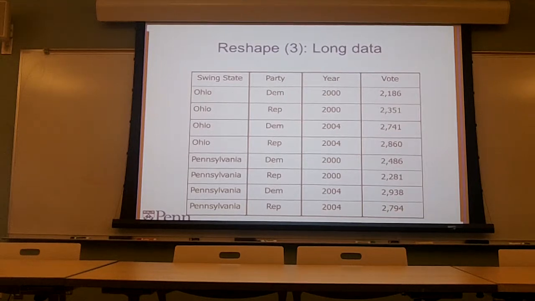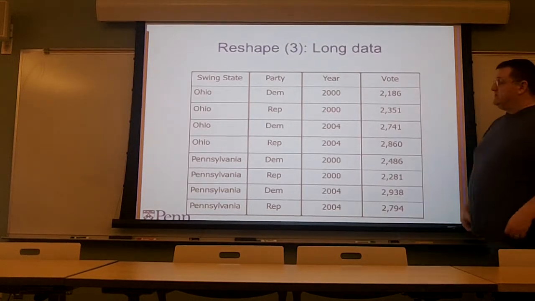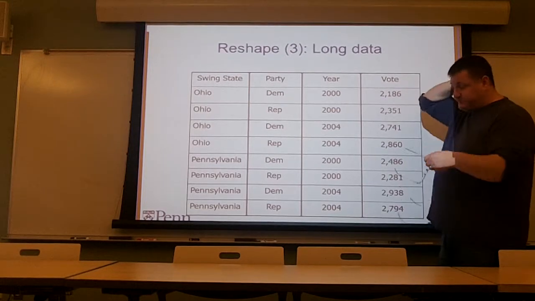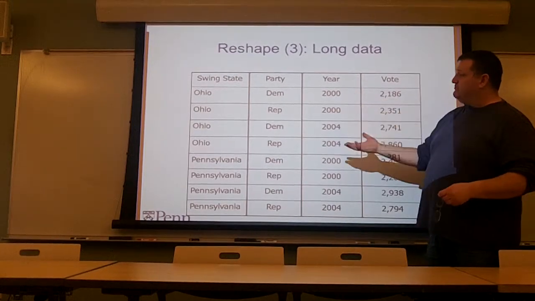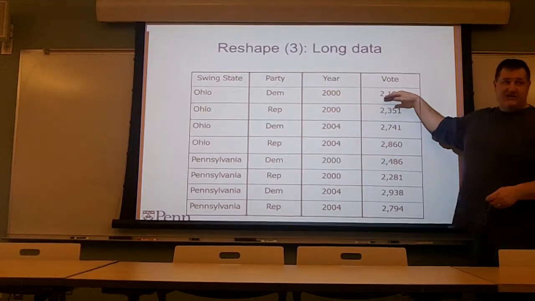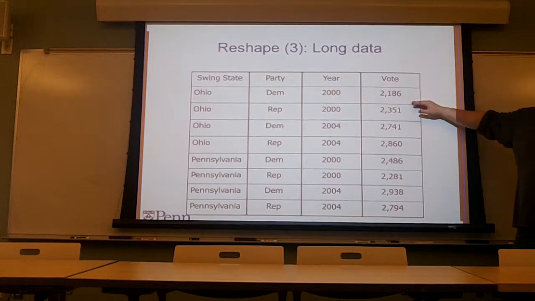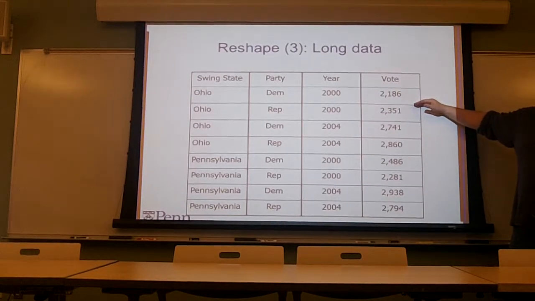This is the same data when we reshaped it into the long format. So here what we see is that we have transposed it such that each observation corresponds to one and only one measurement.